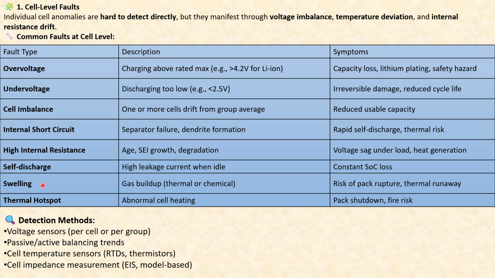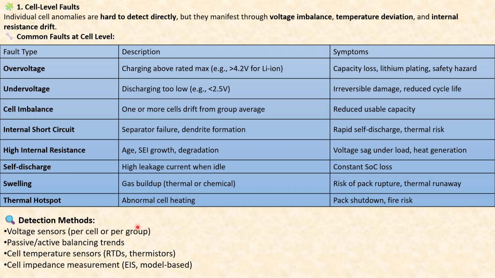Now talking about swelling. The description is gas buildup, where thermal or chemical gases are building up within the cell. The biggest risk is pack rupture and thermal runaway.